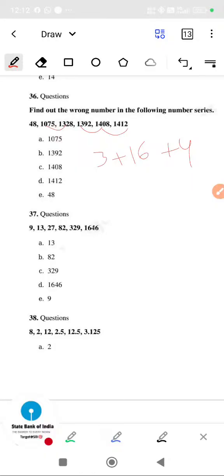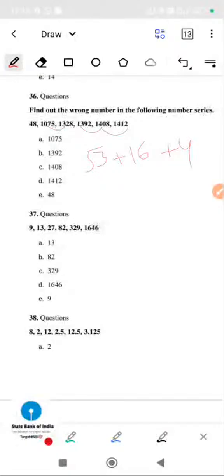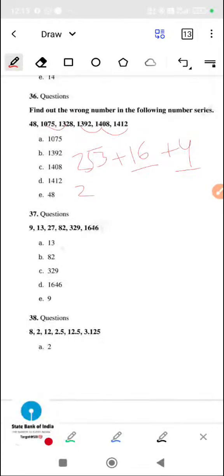Wait a second. Sorry for the disturbance. 353 at the end. 253. So this is 4 square. It is nearly 4 cube, so we need to take here 4 cube, the difference between these two.